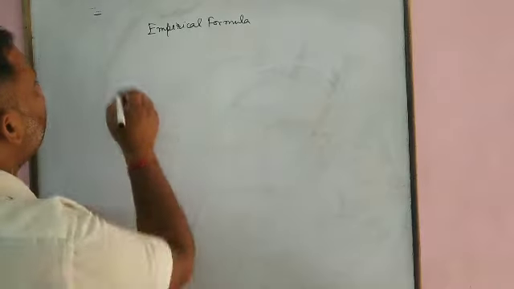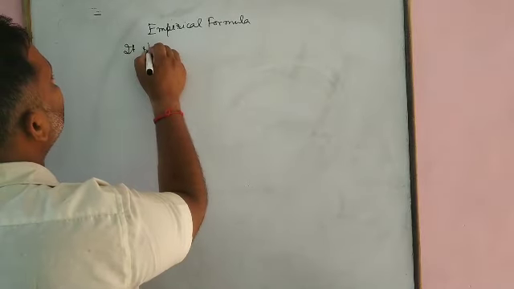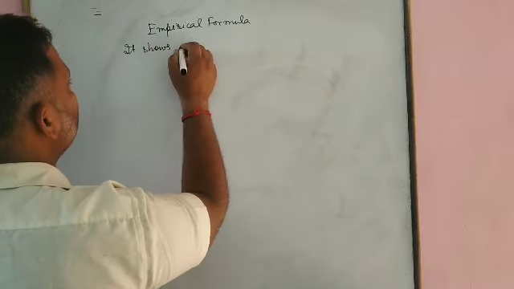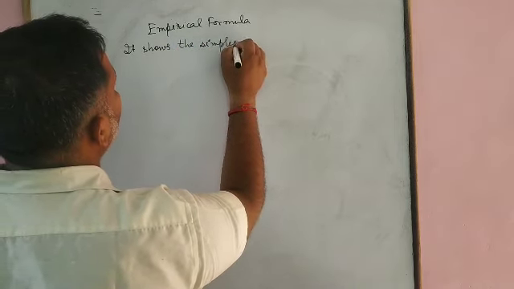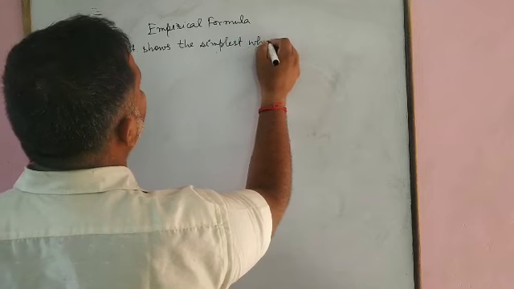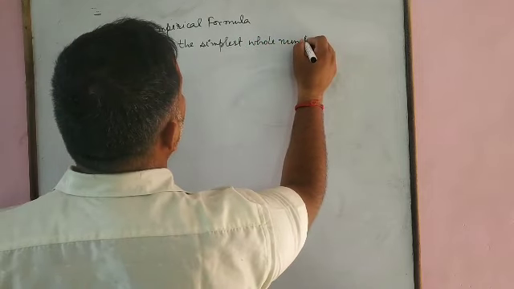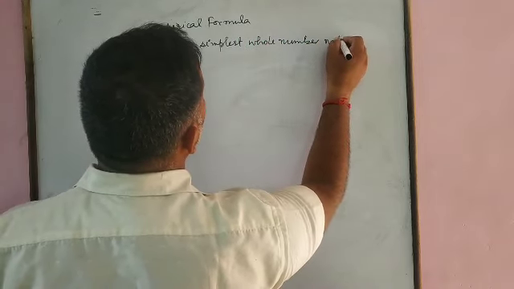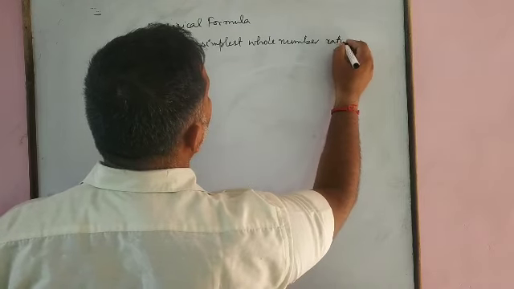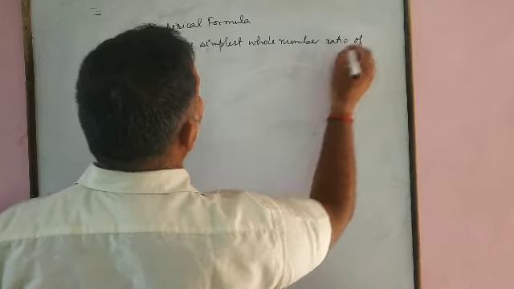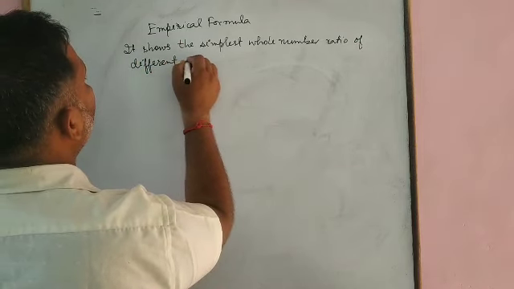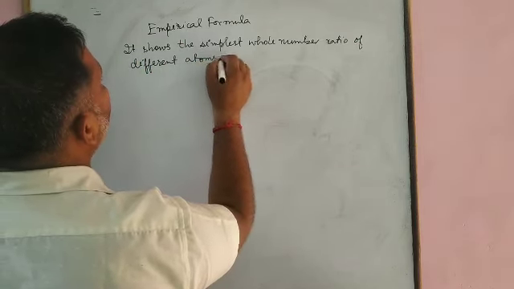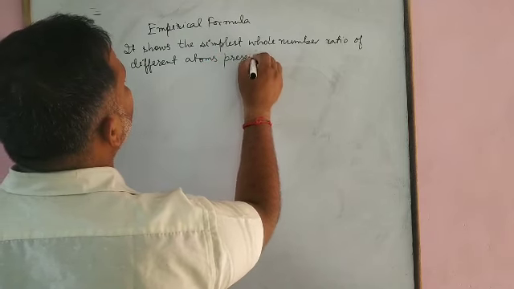Empirical formula shows the simplest whole number ratio of different atoms present in a molecule.